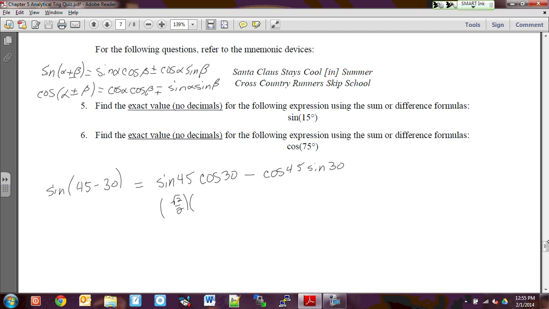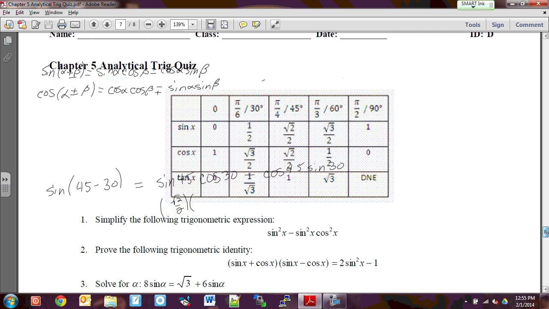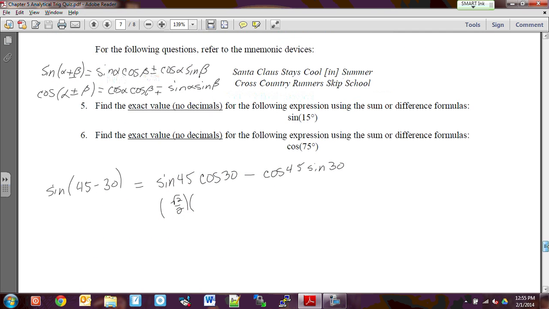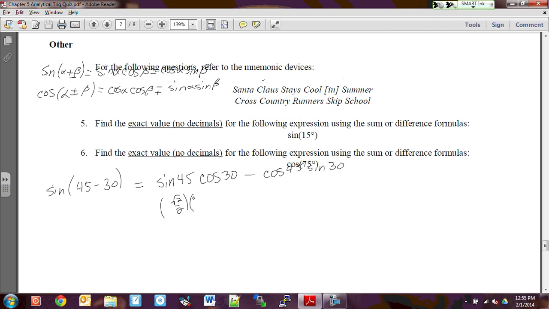The cosine of 30, if you go back up to that chart, cosine 30 is square root of 3 over 2. Minus the cosine of 45, which is square root of 2 over 2, times the sine of 30, which is 1/2.